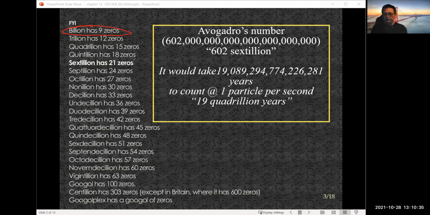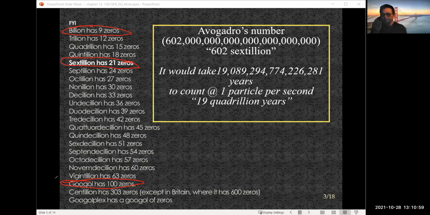Avogadro's number is in this realm, in the 6 trillion range. And to give you an idea, a googol, for example, has 100 zeros. So these are really hefty numbers, okay? Very hefty numbers.